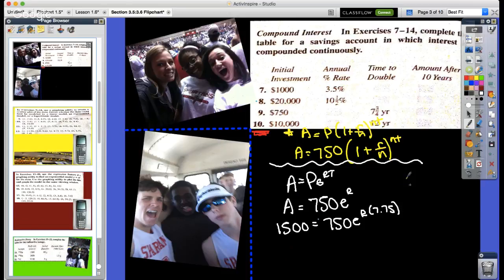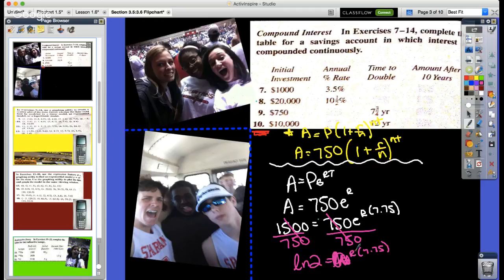All right. So now the goal is to solve for what the r is, and we can do that very similar to what we did on block day and Tuesday by dividing by 750. When I do that, I get 2 is equal to e to the r times 7.75 power. Once I do this, I can get rid of that e by taking the ln of both sides. Once I do that, the ln and e cancel out on the right side, okay?